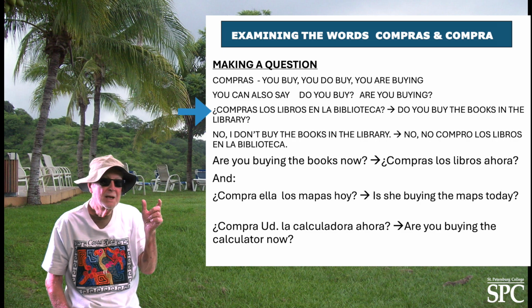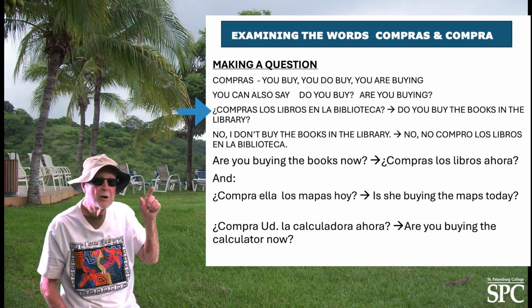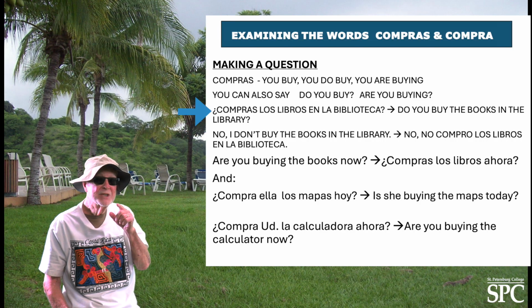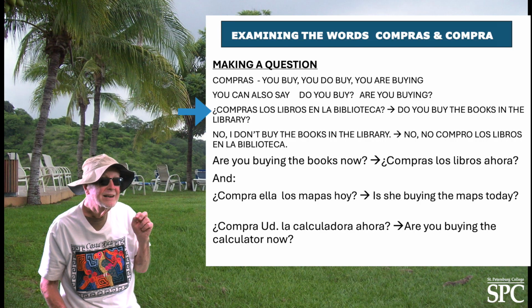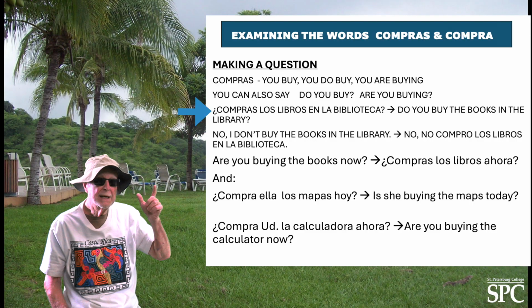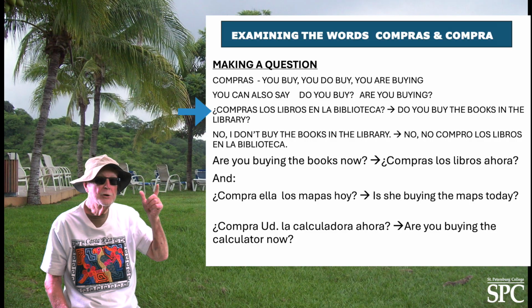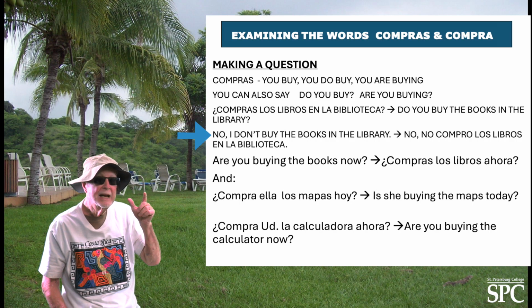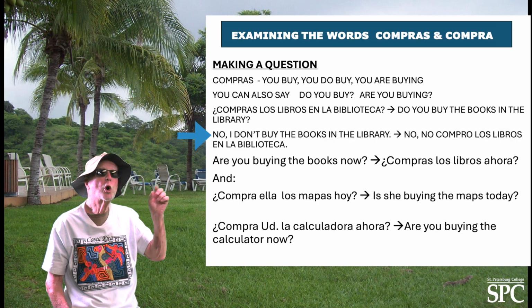So, ¿compras los libros en la biblioteca? Do you buy the books in the library? Okay, that could also mean, are you buying the books in the library? Okay, so do you buy the books in the library? No, I don't buy the books in the library. No, no compro.